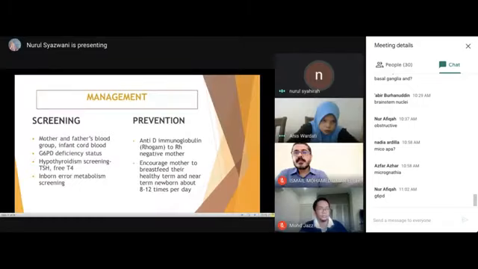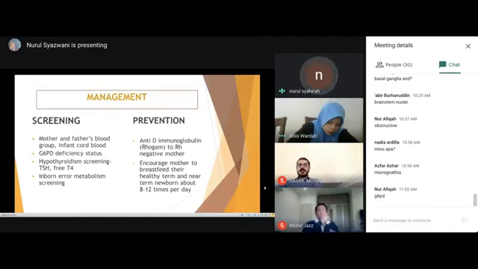So first we must do screening for the mother's and father's blood group, and also screen for TSH deficiency, hypothyroid screening, look for TSH and free T4 level, and also inborn errors of metabolism screening. For the prevention, anti-D immunoglobulin to reduce Rh negative mothers' sensitization, but I don't know how. And then encourage mothers to breastfeed their healthy term newborn about 8 to 12 times per day.